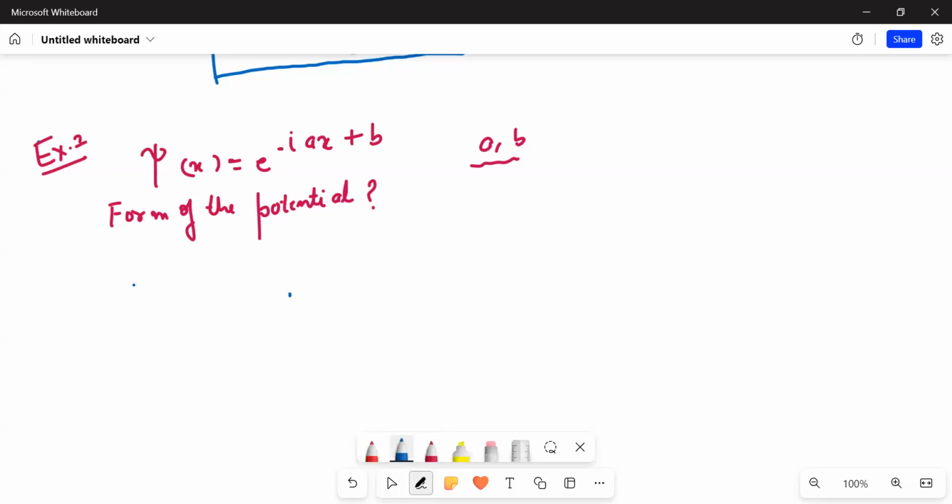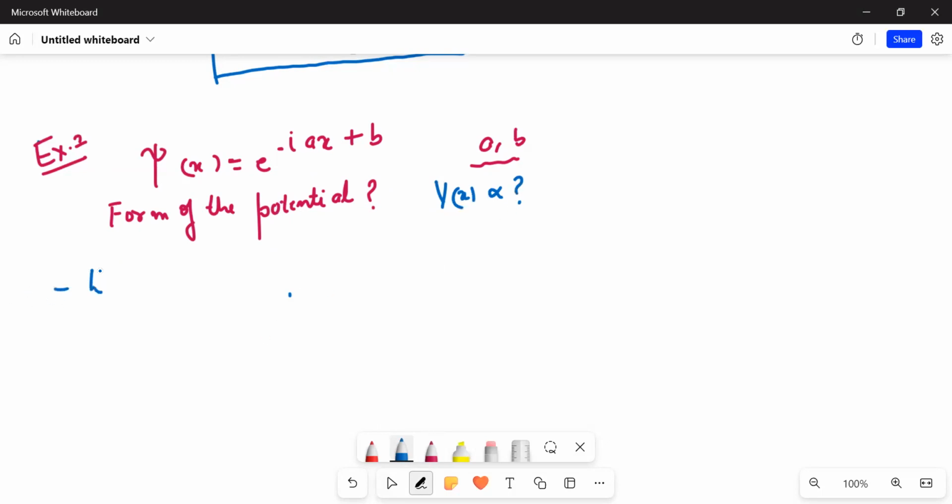So how would we do it? Simply again the same thing. I'm just giving you a little bit of hint. I'm not normalizing it or anything. I just want proportionality.